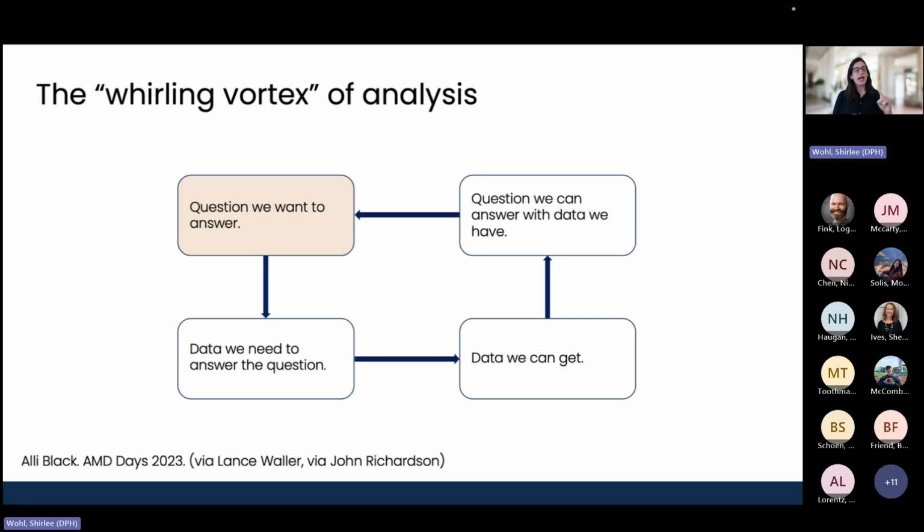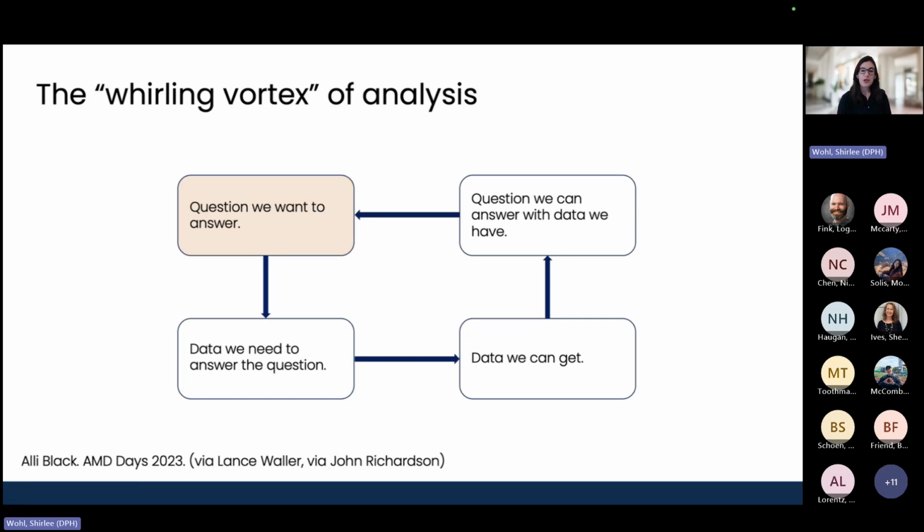But I think crucially, actually going around the whole vortex of making sure that we're always coming back to the question. So we have the question, we have the data, we identify the data that we need to answer the question, then we figure out what data we can actually get. And based on that, we might actually have to tweak our question given the data we have available, since we might not be able to answer our original question.